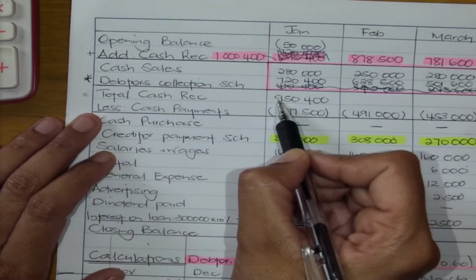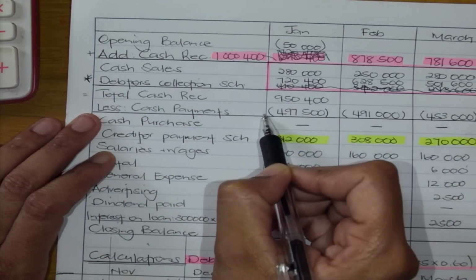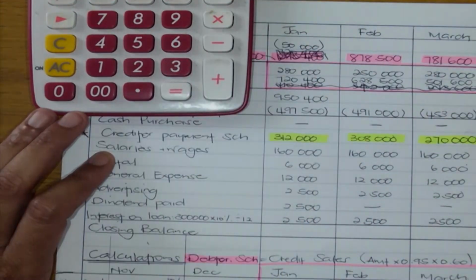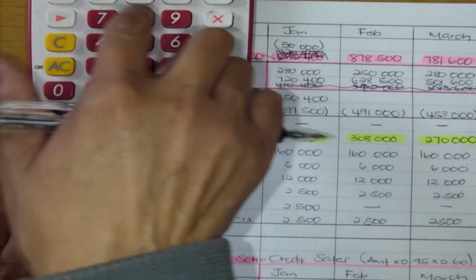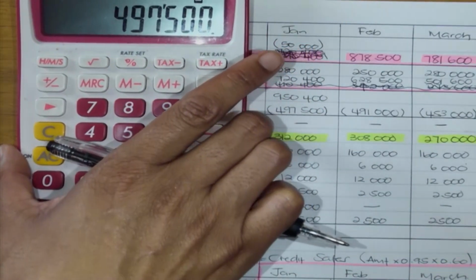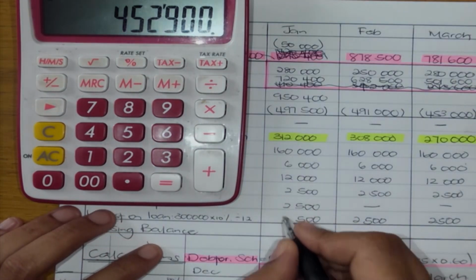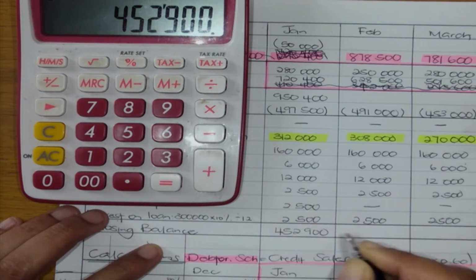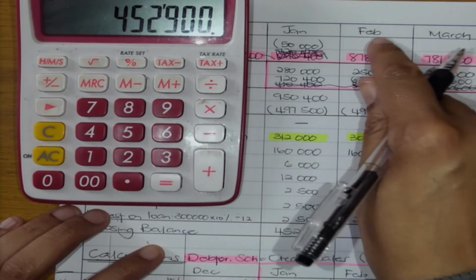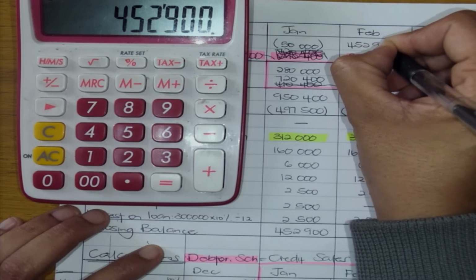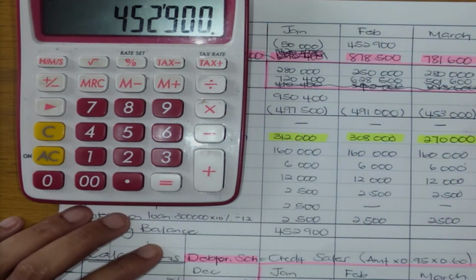Then I take my total cash receipts, I minus my payments. That will give me my closing balance. So my closing balance is 452,900. My closing balance of 1 month becomes my opening balance of my next month, 452,900. And then I start the process again.